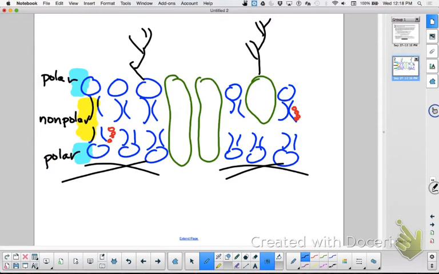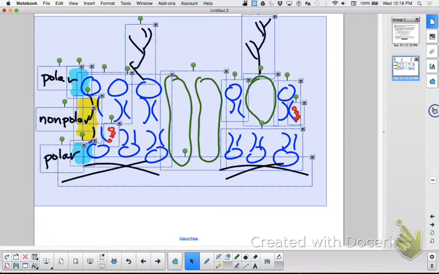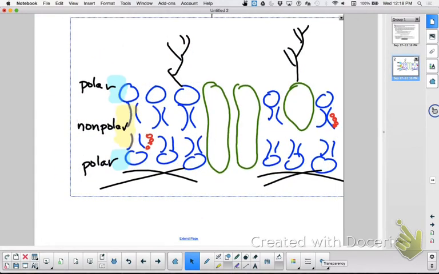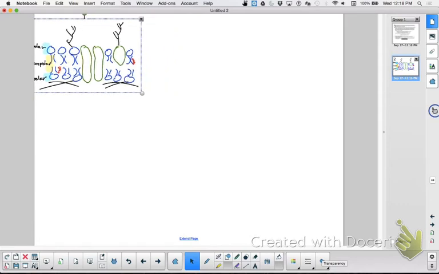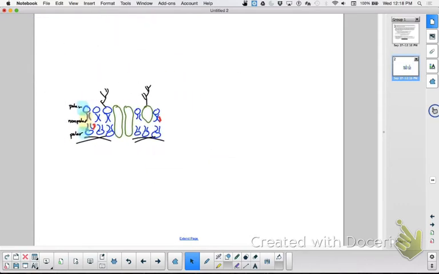Okay, do you know where the inside of the cell and the outside of the cell is? Okay, so what are the 3 ways something would cross our cell membrane? Let me see. There we go. Okay, what are the 3 ways that something could cross this cell membrane? Do you remember?